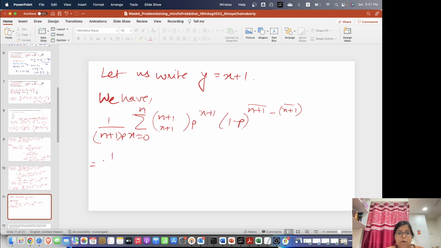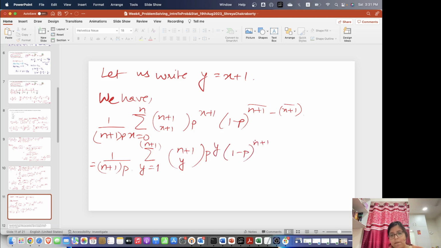Into p here. So we'll have 1 by n plus 1 into p, summation y, where x ranges from 0 to n, so y will range from 1 to n plus 1, n plus 1 cy, p to the power y, 1 minus p to the power n plus 1 minus y.